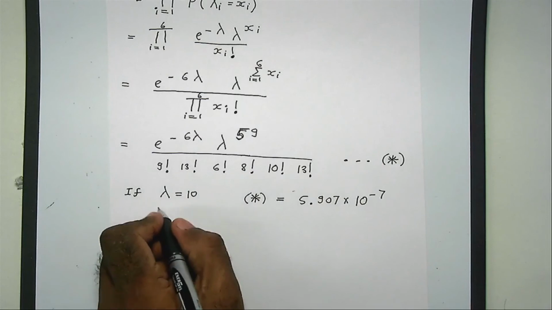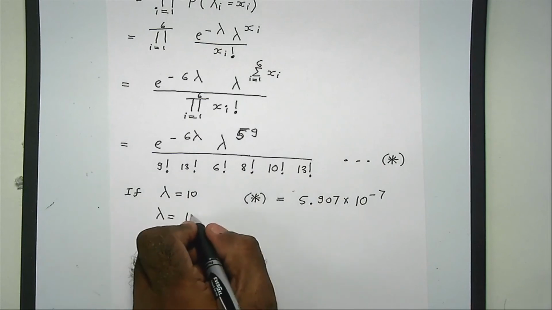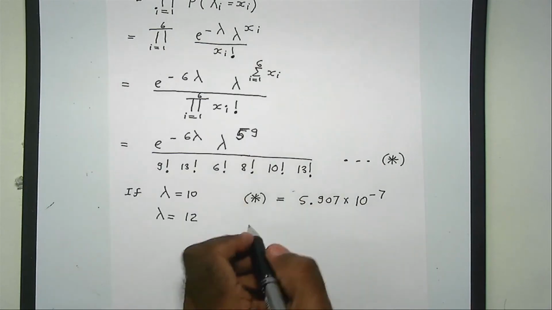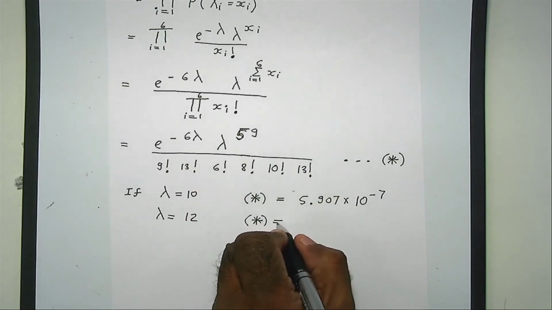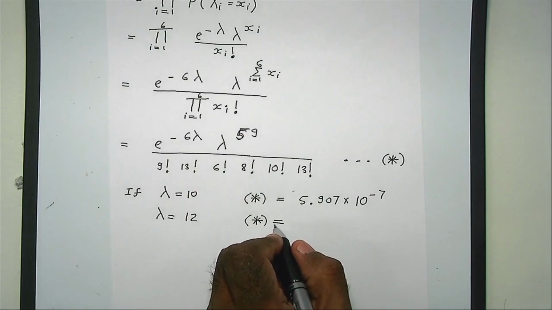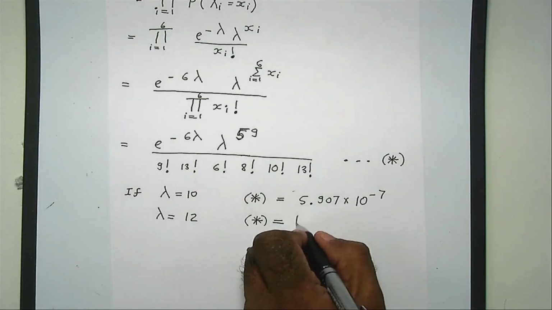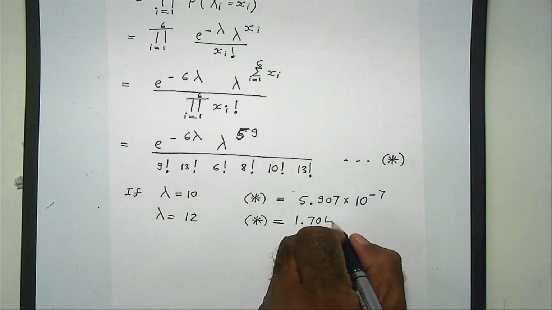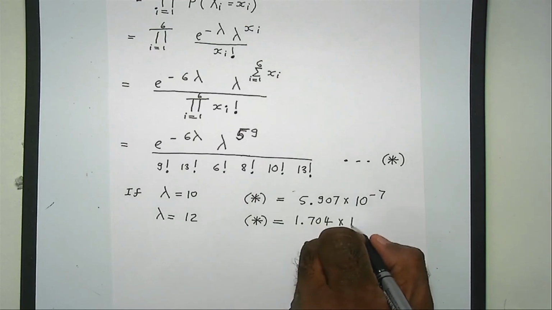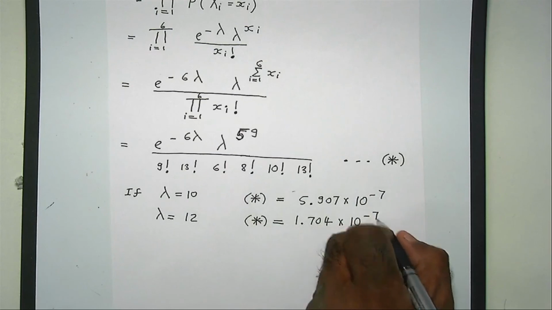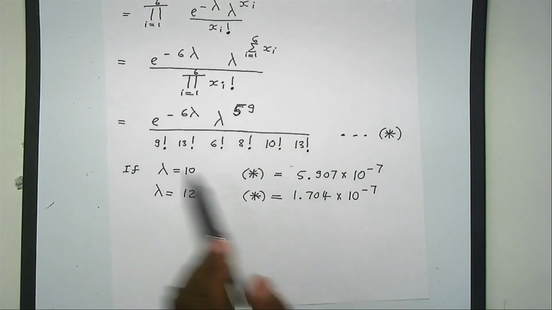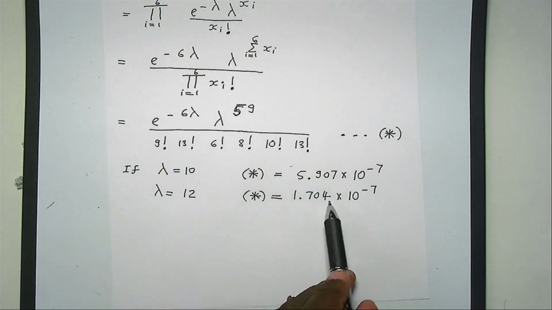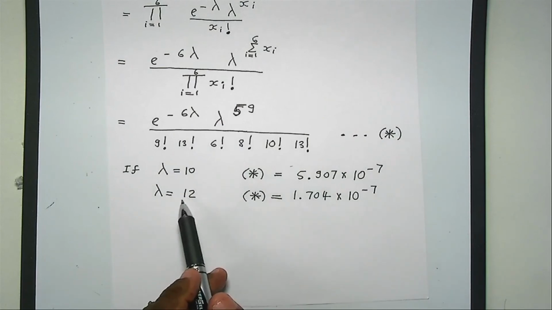And if you put lambda equal to 12 and work it out, you will get 1.704 times 10 to the power minus 7. So the joint probability is this when lambda is 10, and this when lambda is 12.